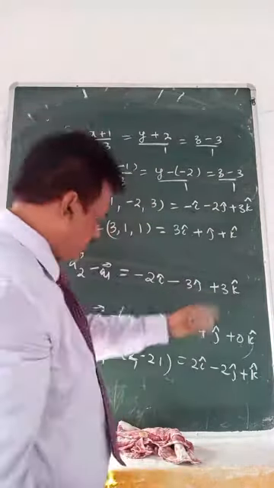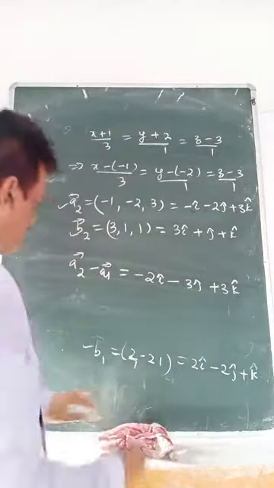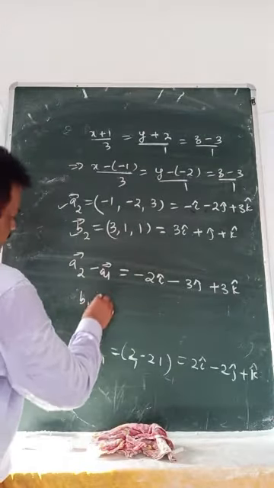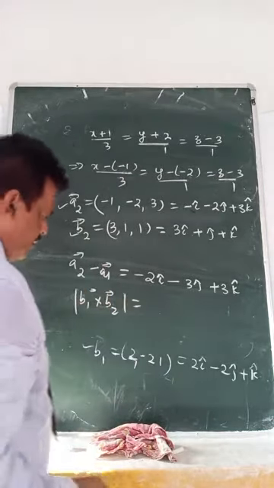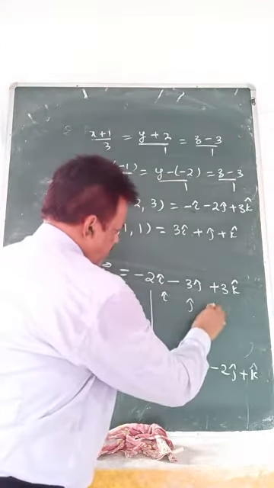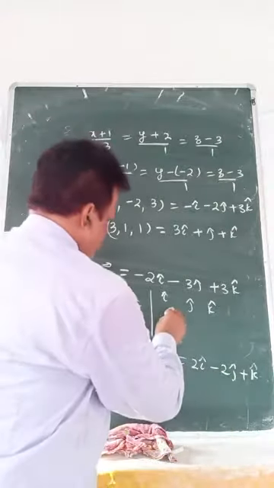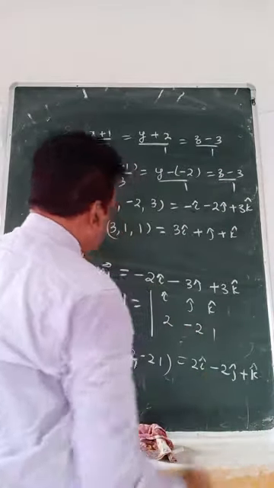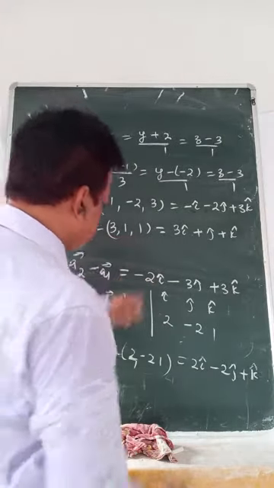You got A2 minus A1. Now get B1 cross B2. B1 cross B2 is the determinant with i, j, k, then 2, -2, 1, then B2: 3, 1, 1.